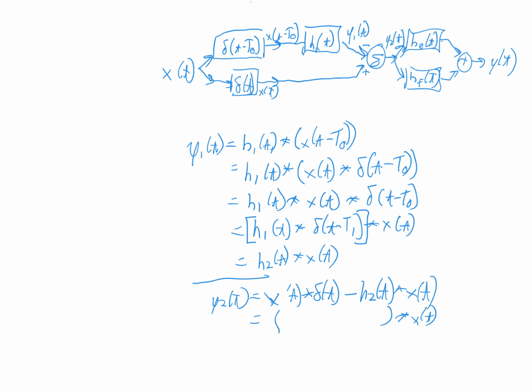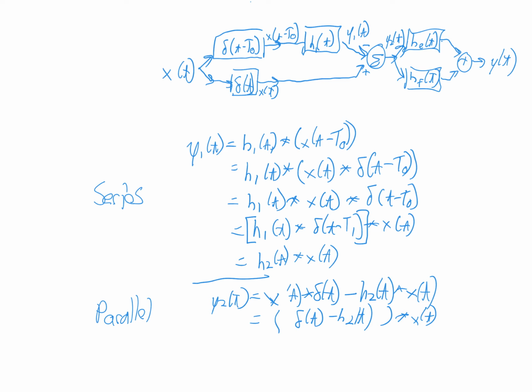So the distributive property gets me this, and that gives me a parallel combination of systems. Above, using the associative property, we had a way to combine impulse responses for a series combination of systems. So we have a way to combine the effects of systems in series and parallel.